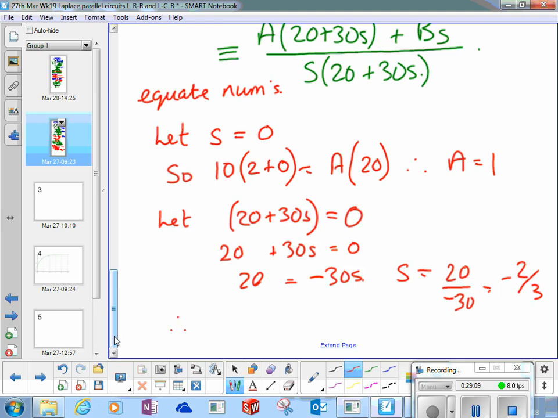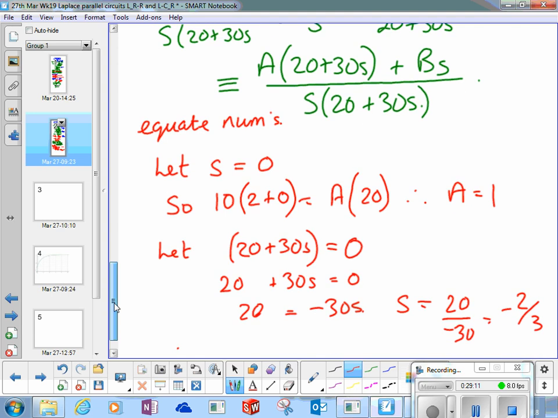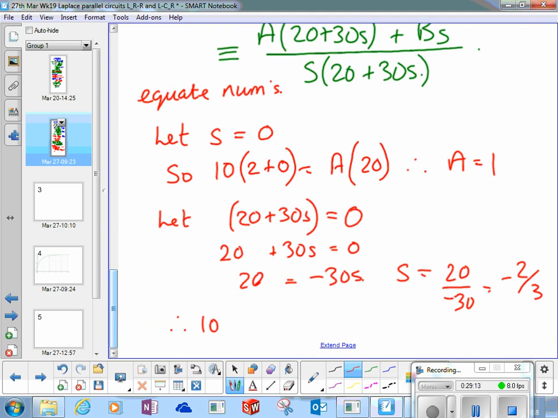Therefore, 10 times 2 minus 2/3 equals 40/3. What does B equal?